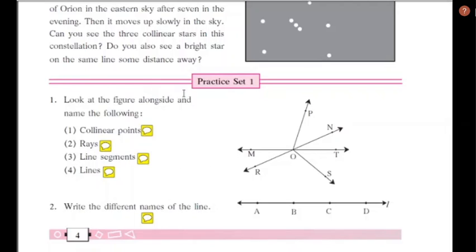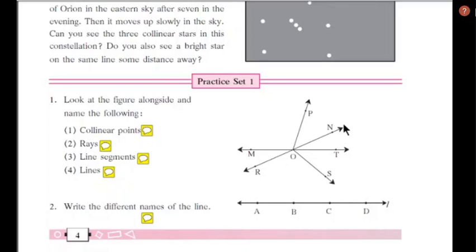Students, let's do this exercise. Look at the figures and answer. Where are the collinear points? MOT and RON are collinear points. Which are the rays?